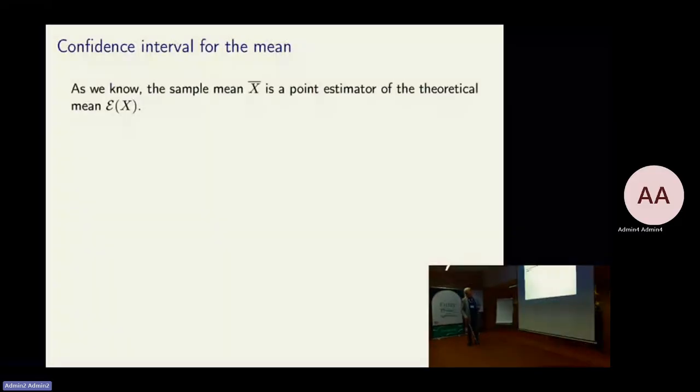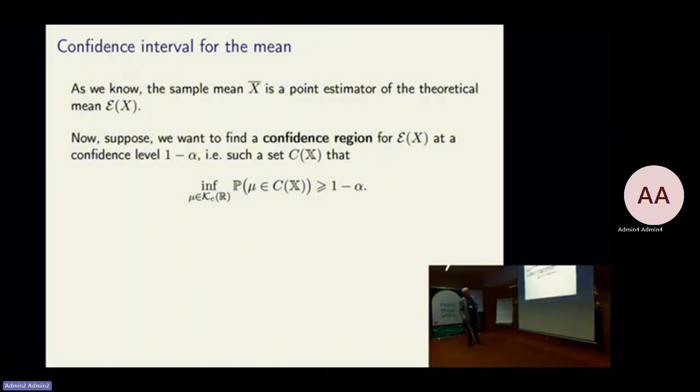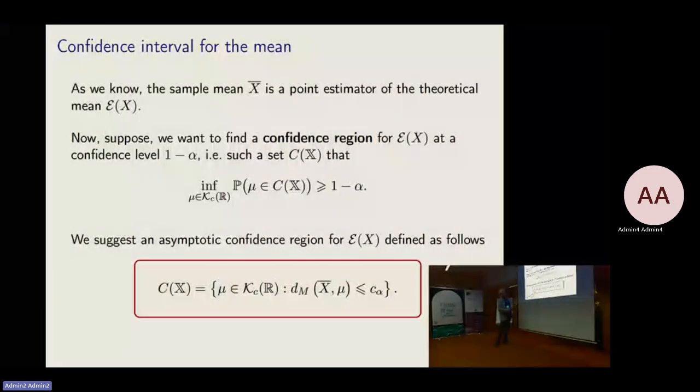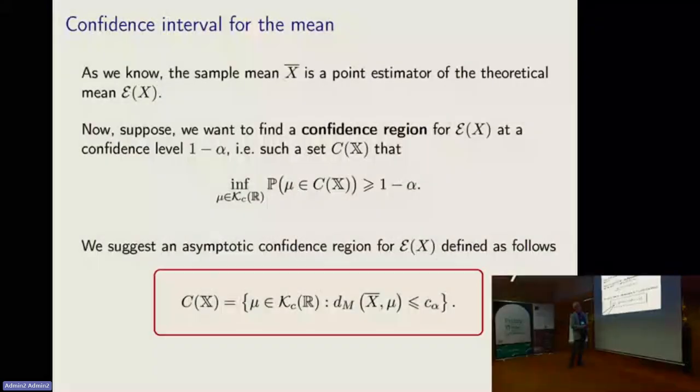We can move to the confidence interval. The idea is as follows: we propose to consider as a confidence region. I specifically say region, not interval, because it will be bigger than an interval, because it will be an object on a plane.